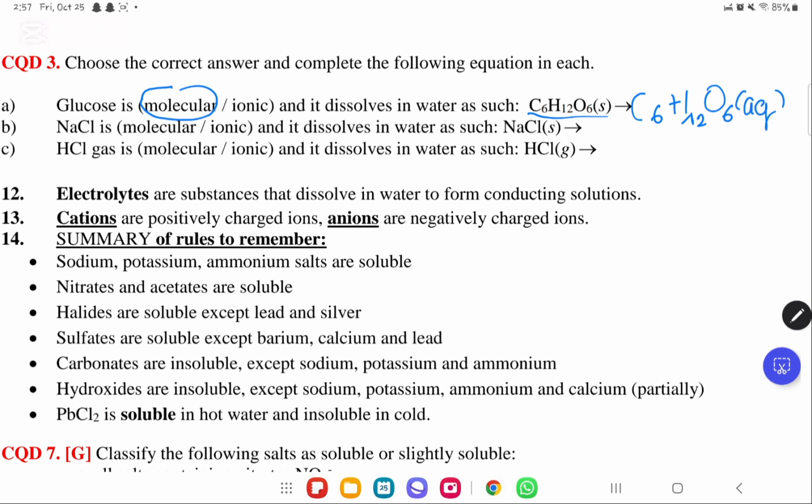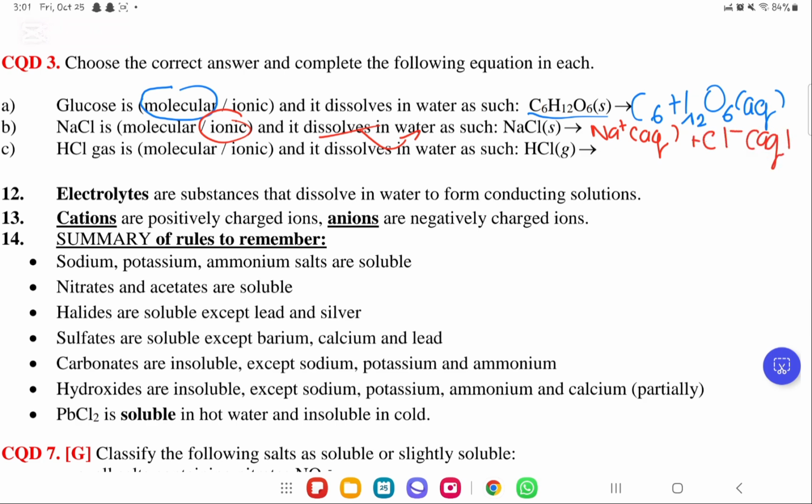Okay? For the second part, we have NaCl solid. NaCl is an ionic solid, so it dissolves and forms ions. What are these ions? We have Na plus, and it is aqueous since it's dissolved in water, plus Cl minus, and it is aqueous.